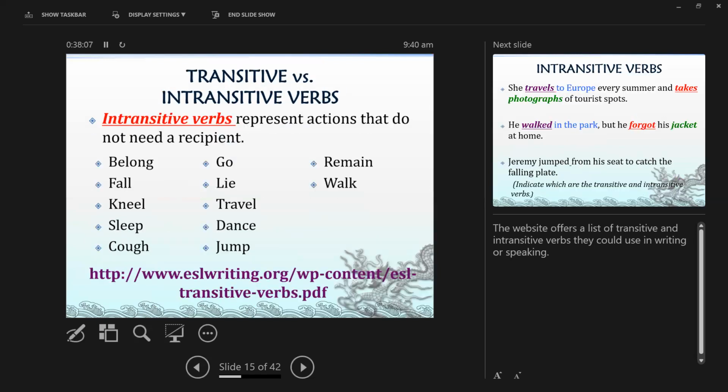Intransitive verbs, on the other hand, they represent actions that do not need a recipient. Okay, again, intransitive verbs are verbs that do not need a recipient.